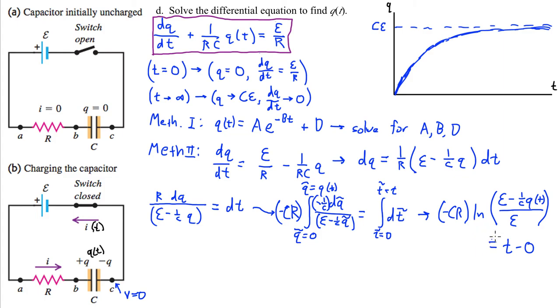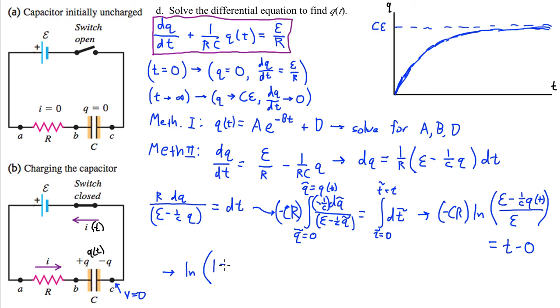So now what I'm going to do is take this, and the next line is going to be natural log of, and I'm going to divide this out here, so this is going to be natural log of 1 minus, is this right?